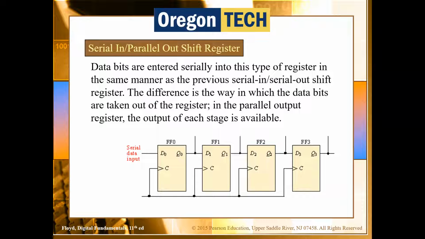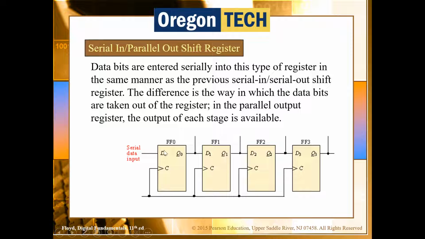Now we're going to see serial in, parallel out. Serial in, parallel out. This is my D flip-flop. Serial, after 1 clock, it will be here. Then here, here, here.